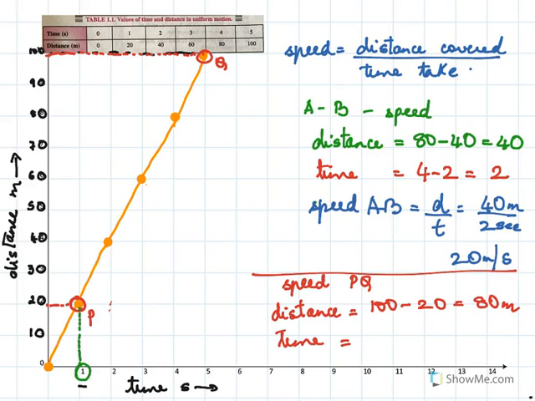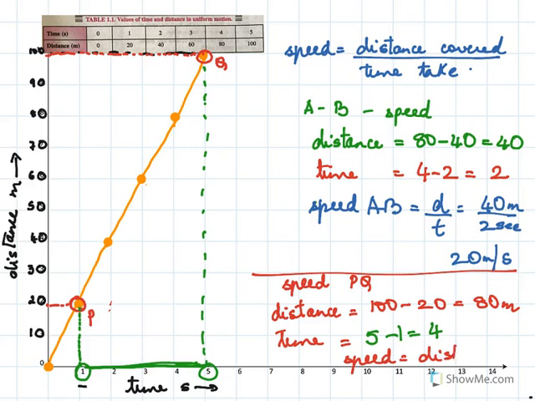And at Q, the time here is 5 seconds. So the time taken to travel from P to Q is 5 minus 1, and that is 4. So speed is distance over time, which is 80 over 4, and again it is 20 meter per second.